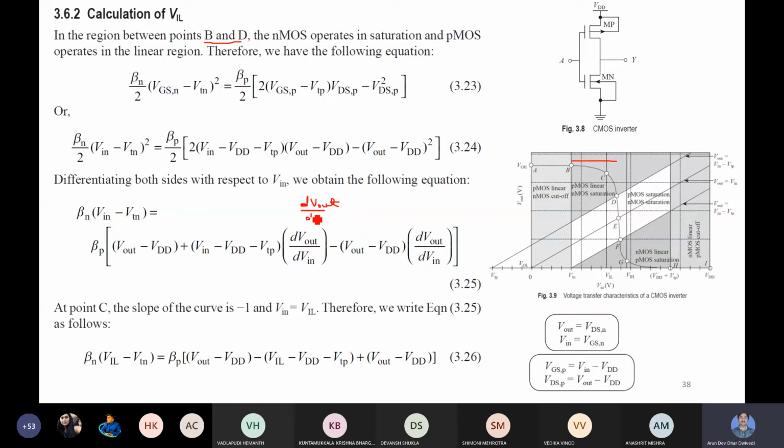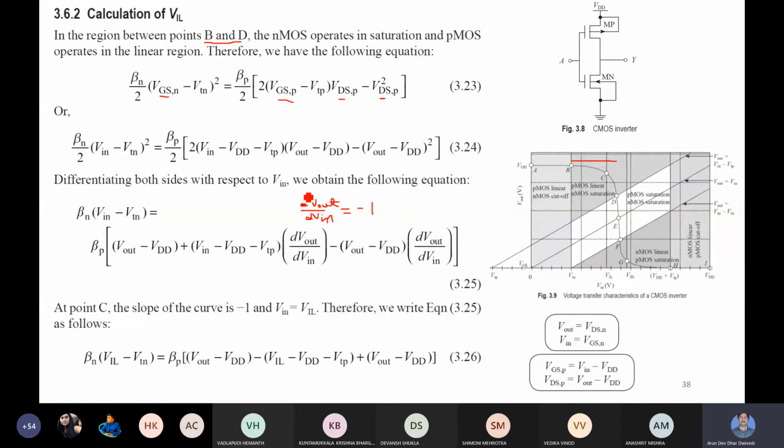VGSN, VGSP and VDSP are all substituted first from here, and then you get this equation.